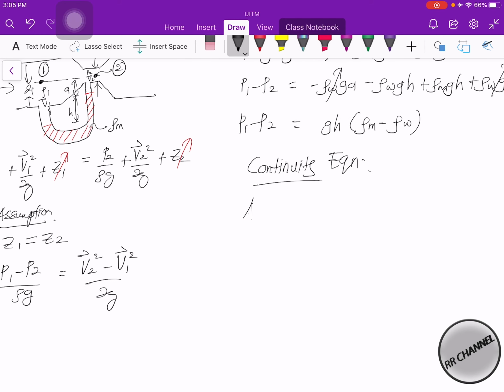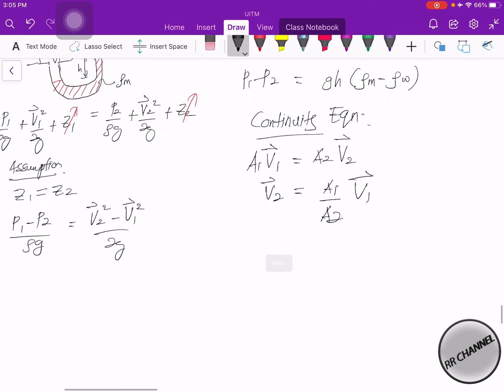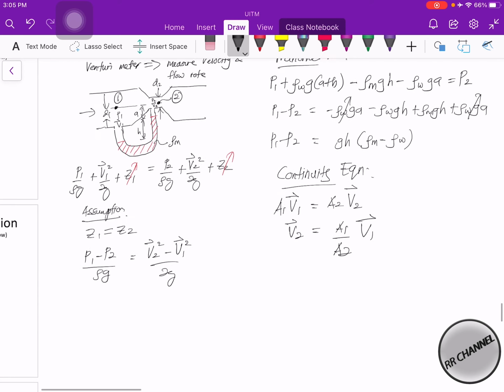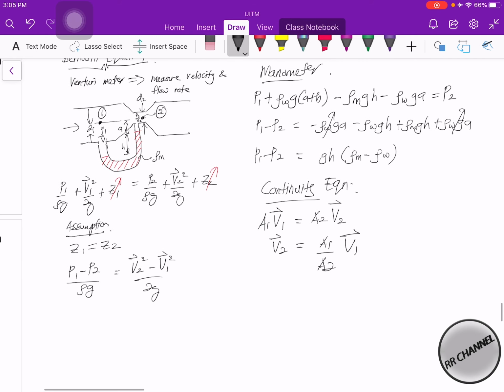From the continuity equation, A1 V1 equals A2 V2, so we write V2 in terms of V1: V2 equals A1 over A2 times V1. This is equation 1, this is equation 2, this is equation 3.